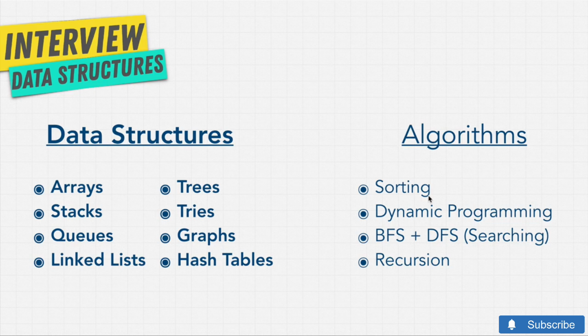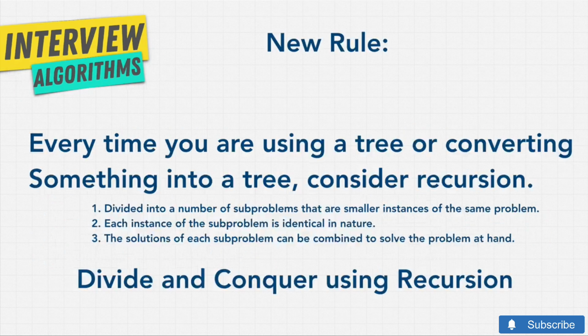And when it comes to recursion, these are the rules that I like to follow. Every time we're using a tree or converting something into a tree, consider recursion. And there are 3 key things in an interview question that might trigger a recursive solution.